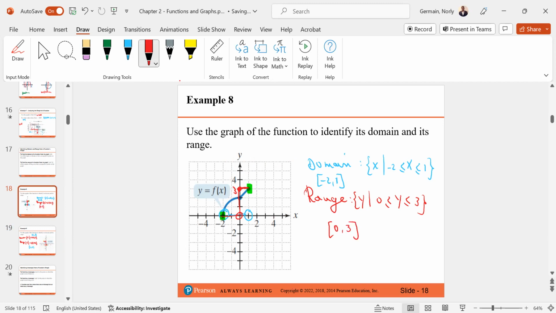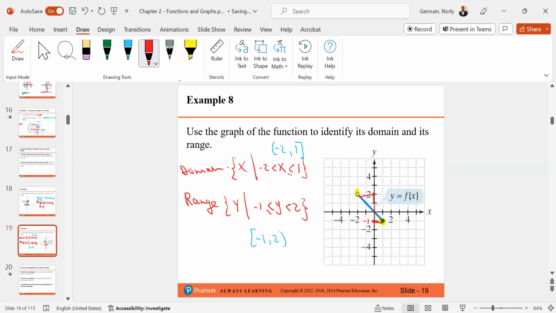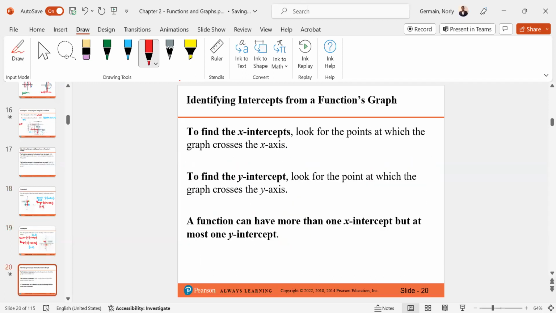A lot of things we can learn from this chapter, especially we can identify intercepts from a function's graph as well. Wherever it intersects with the axis, we call it an intercept. For the x-intercept, look at the points at which the graph crosses the x-axis. For the y-intercept, you look at the point at which the graph crosses the y-axis.